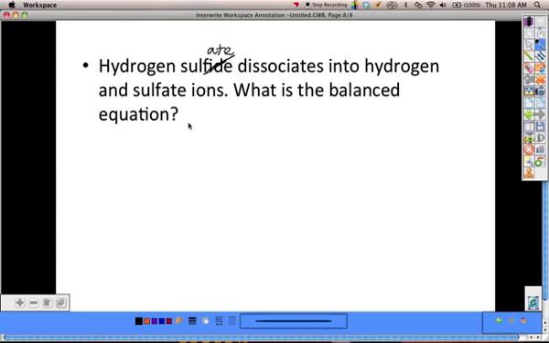So the balanced reaction for that is H2SO4 goes to 2 H plus ions plus 1 SO4 2 negative ion. Actually, we're not going to have time to go through this entire example. I'll go through that one more and post that one on YouTube.